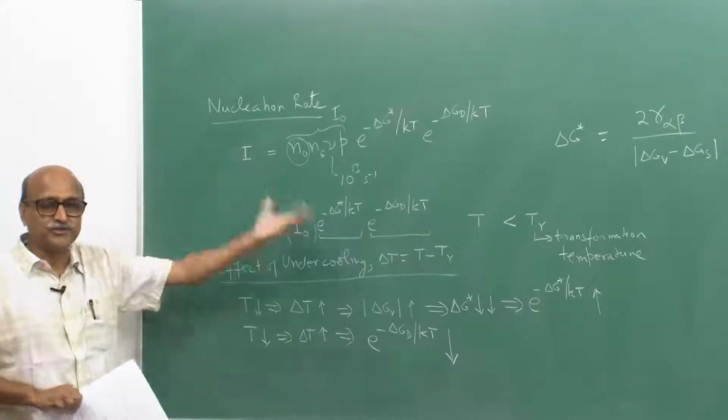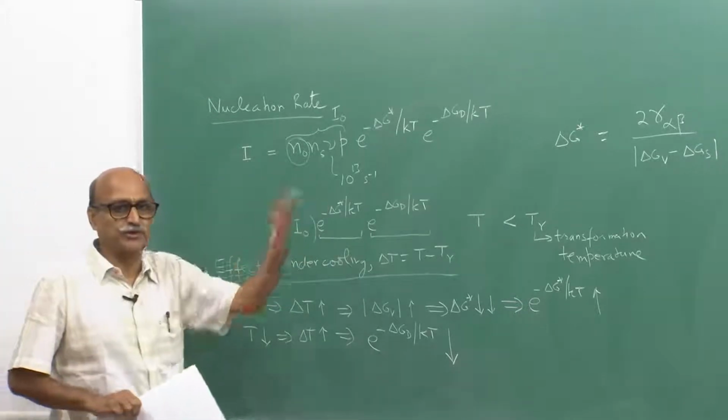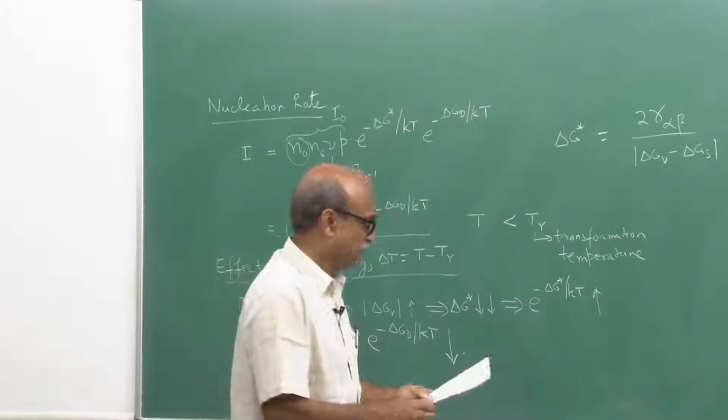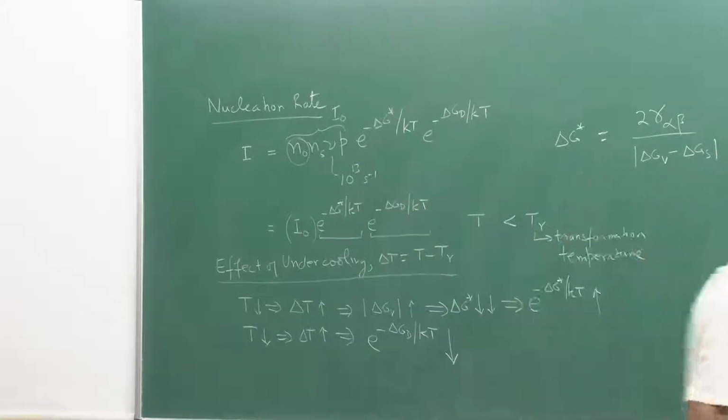What is the density of such sites? How many sites per unit volume are present? Let us just quickly have a brief idea of this number as well.